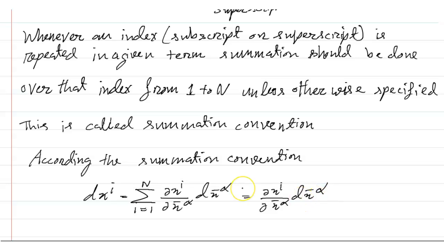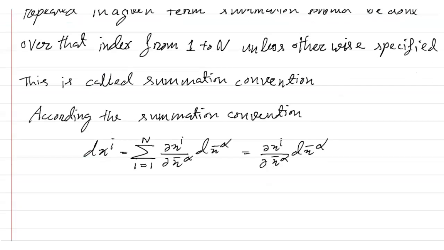So friends, I can write it this way. And another way is dx̄^α; there are two coordinates, one is the barred coordinate, another is the simple coordinate.